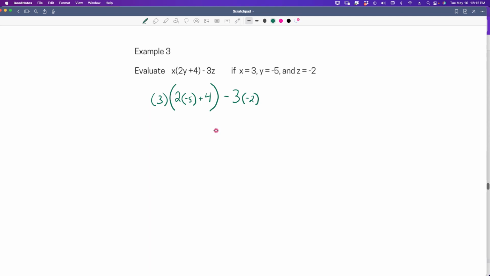Now, because of PEMDAS, I'm going to do what's inside this parenthesis first because it existed first. So within that, multiplication happens before addition. So I'm going to go ahead and do the multiplication. 2 times negative 5, that's going to be negative 10 plus 4.